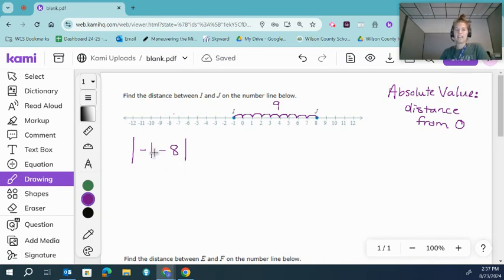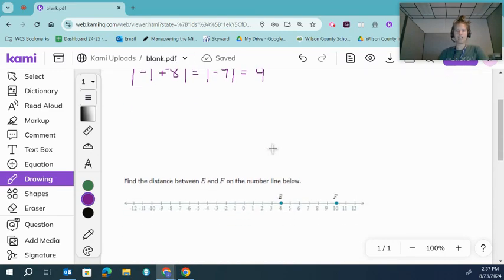So -1 minus 8, we change our subtraction to addition, and we change our +8 to -8. Then -1 plus -8 is -9. So we take the absolute value of -9, which is 9. So either way you do this, the distance between -1 and 8 is 9.